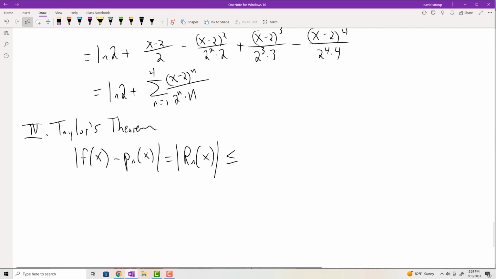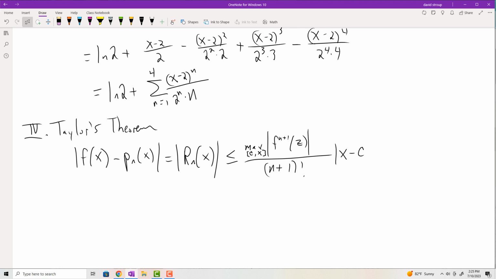It's going to be the max value of the n plus first derivative on the interval that you care about, which goes from the center c to whatever value x you're approximating, so it could be from c to x or x to c. We're dealing with absolute values because all of this is in absolute value. Then this will be all over n plus 1 factorial, times the absolute value of x minus c to the n plus first power. And that's a lot to swallow.